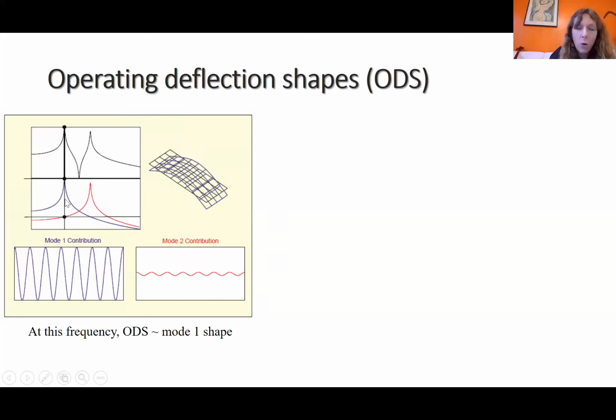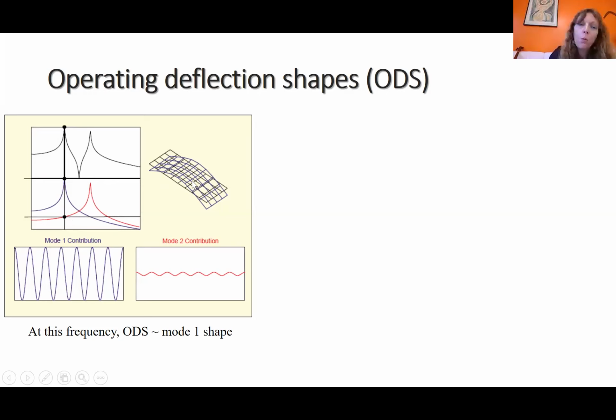So if you excite the structure at this frequency, you basically only excite mode 1. Mode 2 will be excited so little that its contribution is very, very small. So what you see when you look at how the structure is vibrating, which is the operating deflection shape, will actually correspond to the mode 1 shape because we don't have much contribution of mode 2.